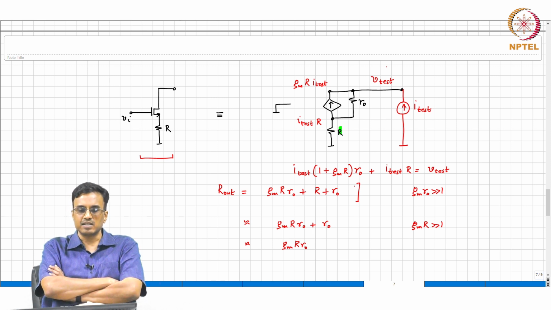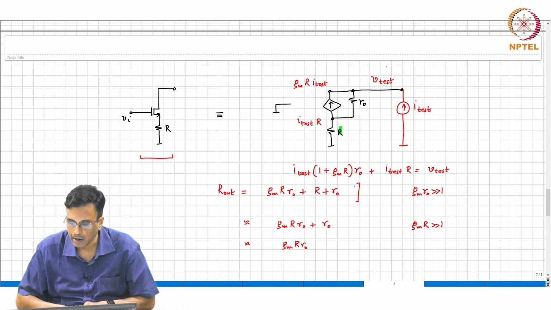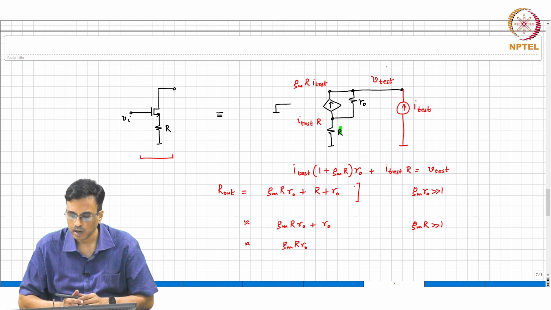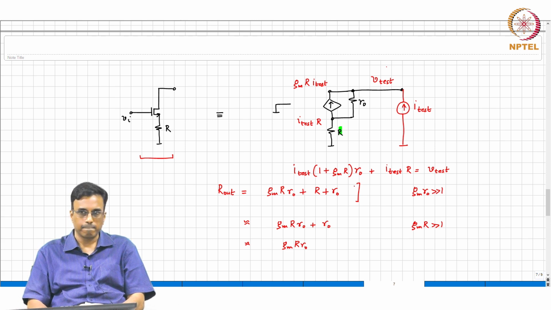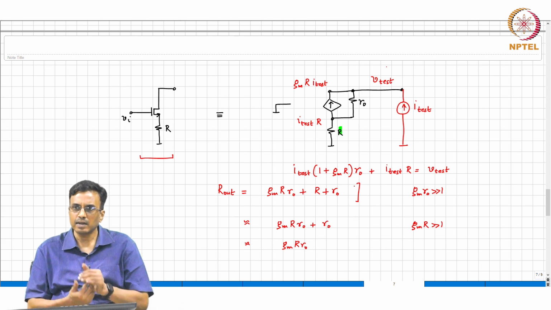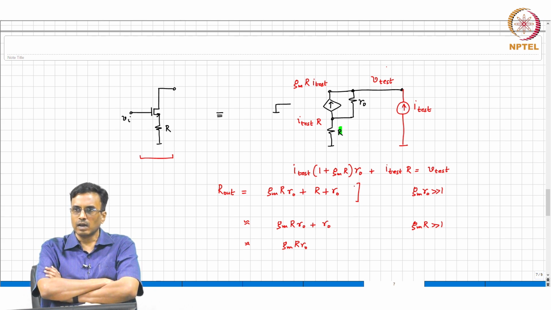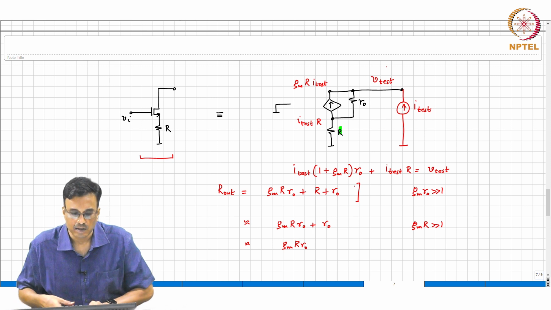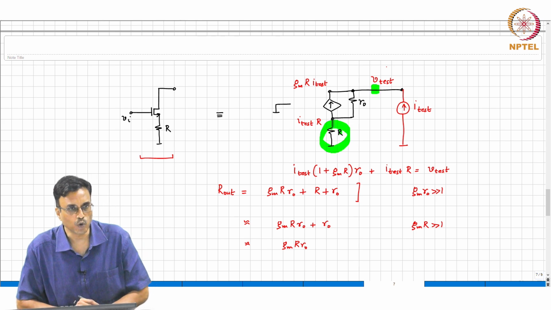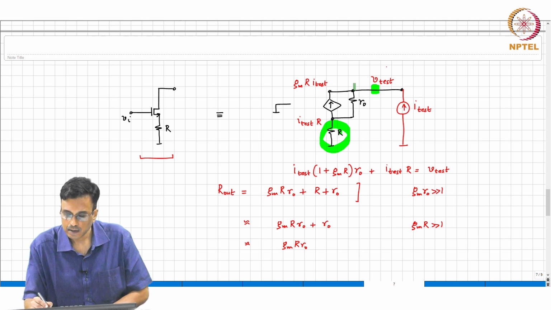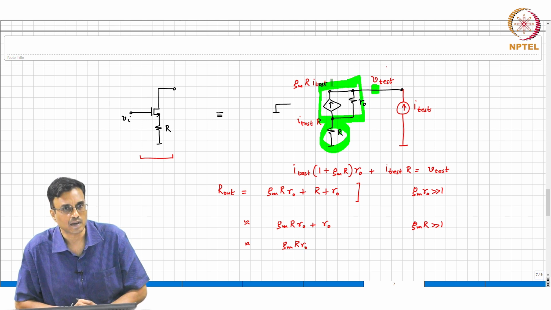So, if Gm R and Gm R naught are very large, the output resistance is simply Gm times r naught times capital R, or r naught times Gm R. You can see therefore that the output resistance has been enhanced by this: the resistance looking in the drain is the resistance in the source multiplied by the Gm r naught of this transistor.